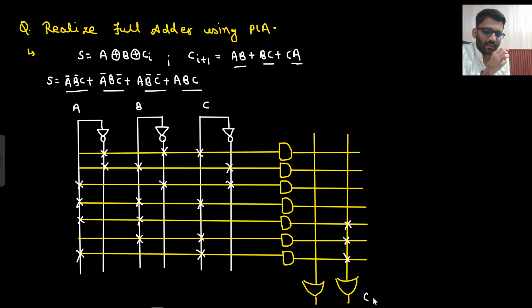Last 3 are for carry. This is your CI actually. Last 3 are for carry. Initial 4 are for sum. 4 and 3. Sum and carry. Well and good.